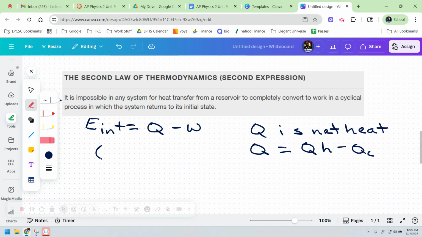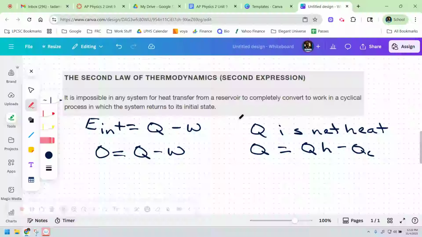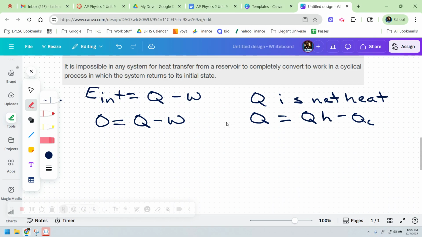In other words, the internal energy should be equal to the heat minus the work. And then if you add work to both sides, the work should equal the heat. Okay?